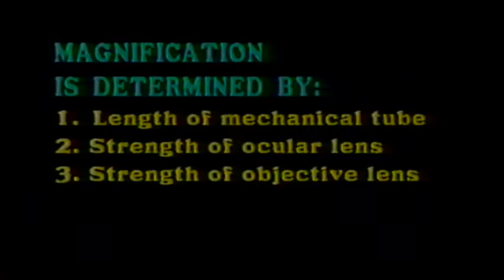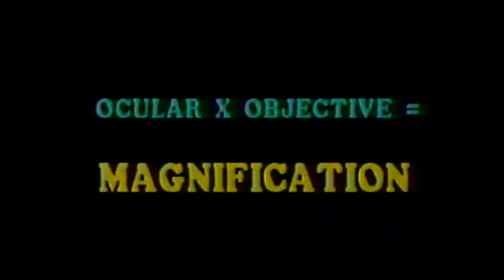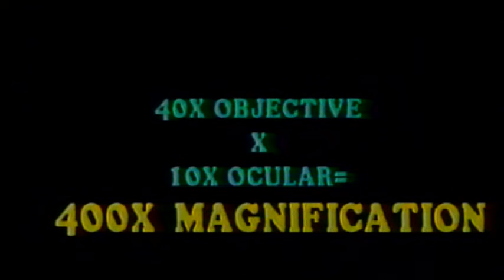The microscope's power of magnification is determined by several factors: by the length of the mechanical tube, which is the length of the body tube plus the length of the ocular, by the strength of the ocular lens, and by the strength of the objective lens. Usually the power of the ocular is multiplied by the power of the objective to obtain the degree of magnification. For example, a 40 times objective and a 10 times ocular will yield a 400-fold magnification.